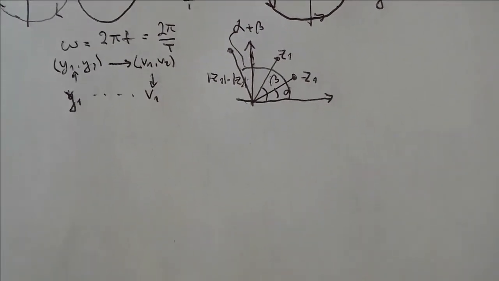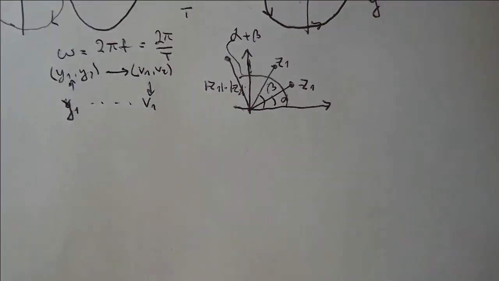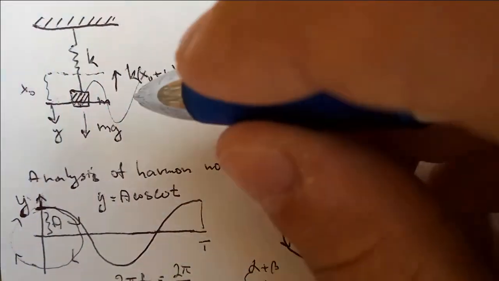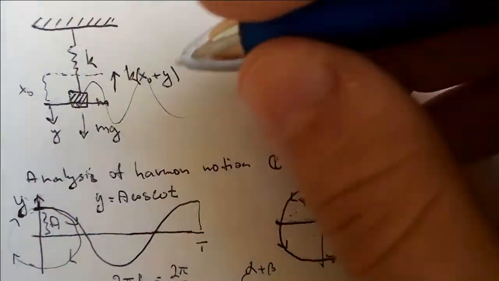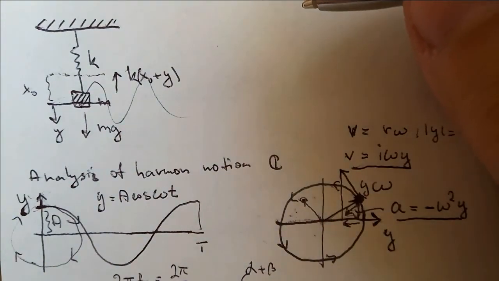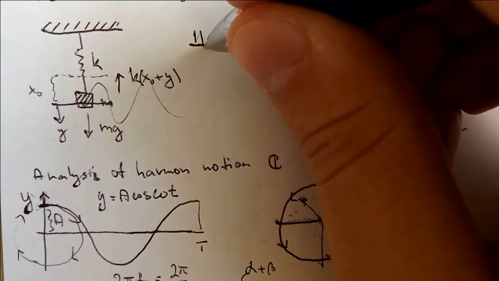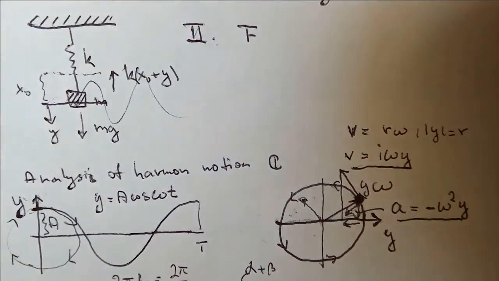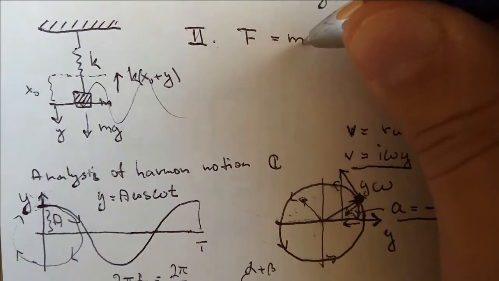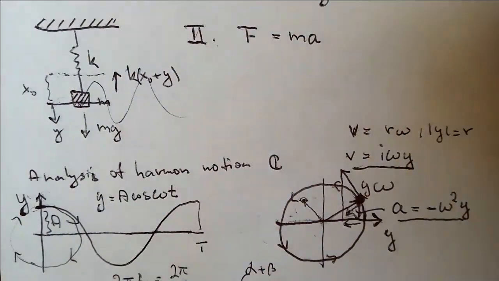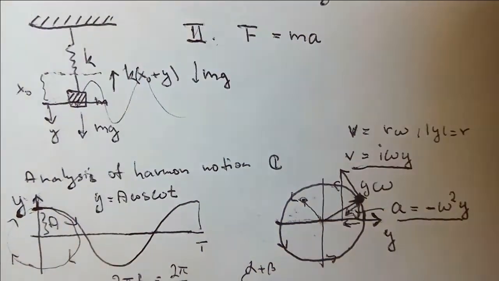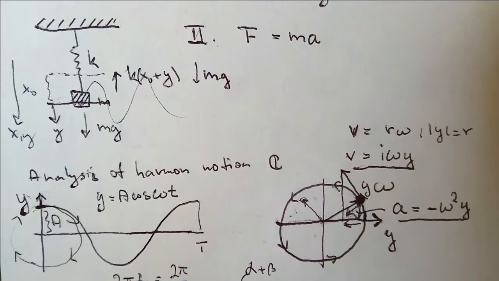What next? First, I will analyze the motion of a spring with just these two forces. I will write the second law of Newton, the second law of motion, which says that the sum of all forces is equal to mass times acceleration of this body. What is the sum of all forces? The sum is mg, in this down direction, which is positive, and this is the direction of x and y.